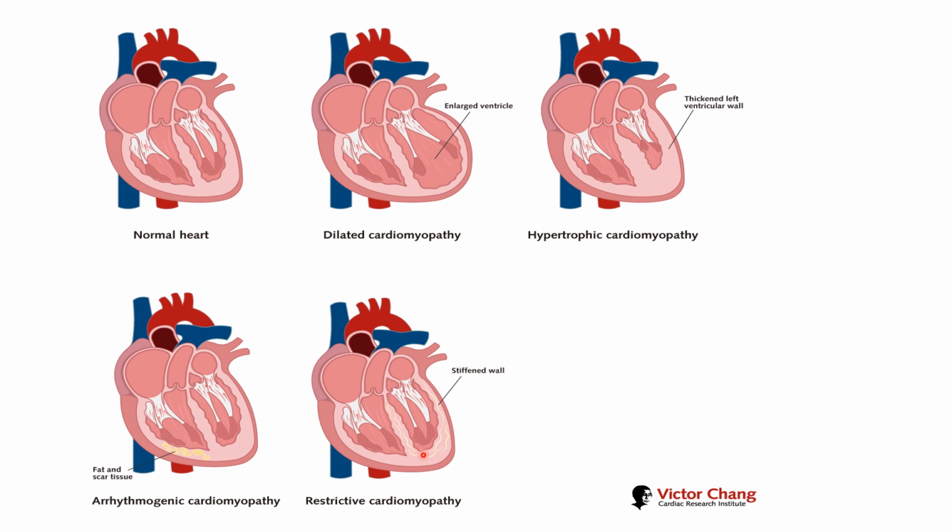Therefore, these cardiomyopathy types affect the normal functioning of the cardiac muscles, mainly contracting to push blood out of the ventricles, or relaxing to allow filling of blood into the ventricles. So that function is not efficient.